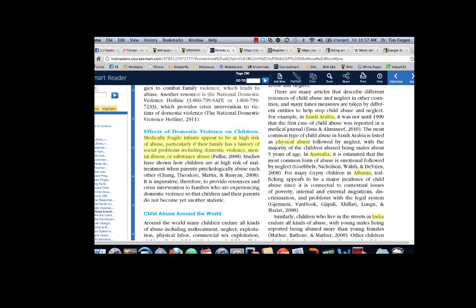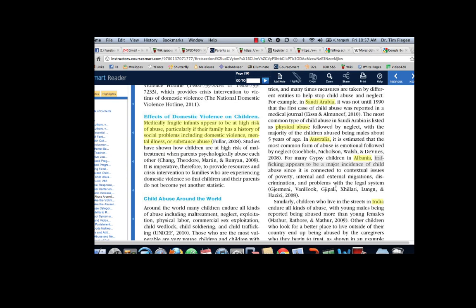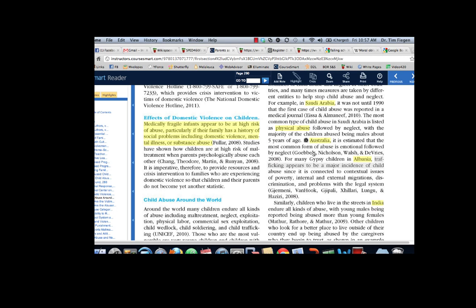and for many gypsy children in Albania, trafficking. Do you need that word? It appears to be a major instances connected contextual issues of poverty, internal and external migrations, discrimination problems in the legal system. Do you know what trafficking is?